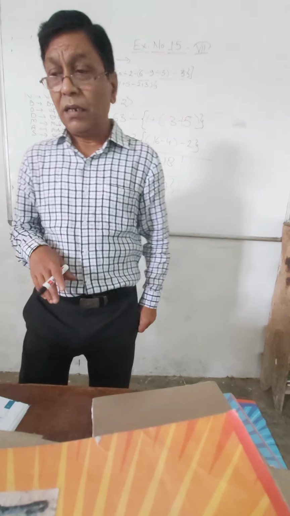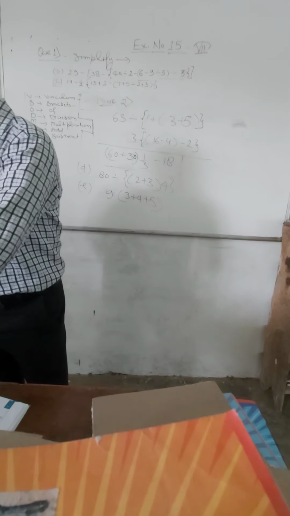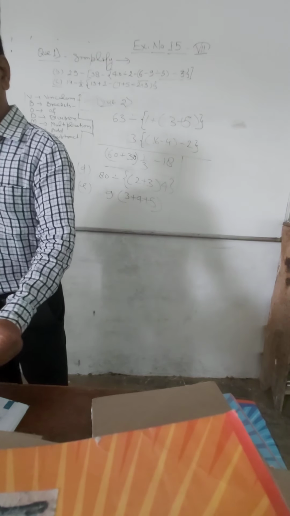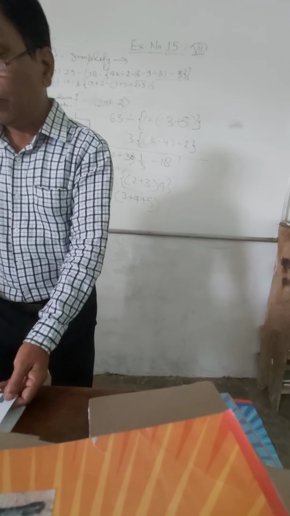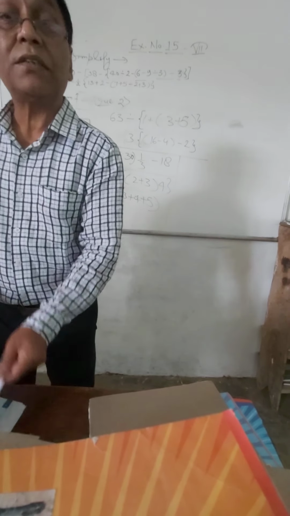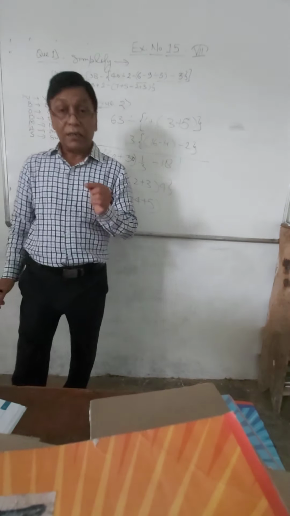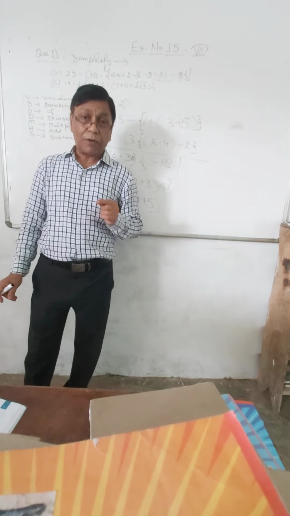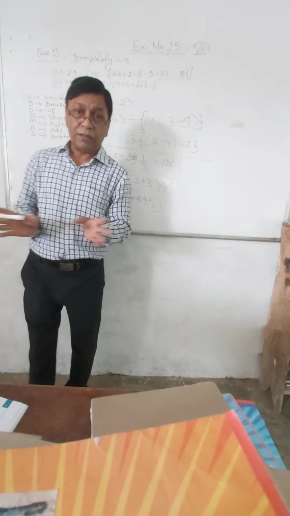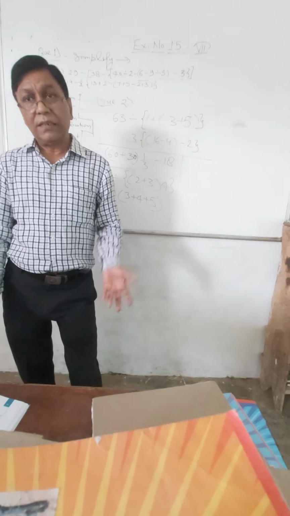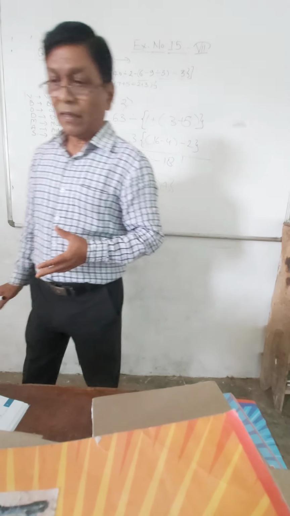What I am thinking of starting in the next class is chapter number 2. This thinking skill, review exercise and exemplar problems, try to solve all these at home. If any problem comes up, when your continuous classes start, we will solve it then. Thank you.